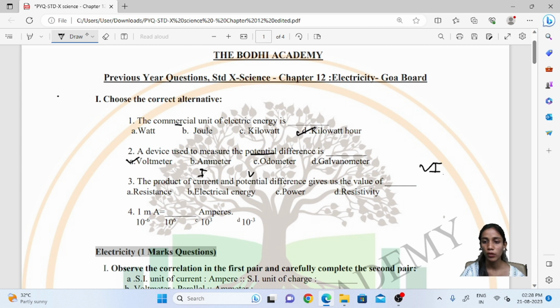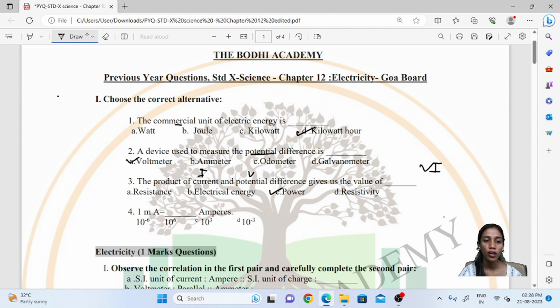For which quantity do we use this formula? Is it for resistance, electrical energy, power or resistivity? It is for power. We have studied in the previous video that electric power is equal to potential difference into the current.